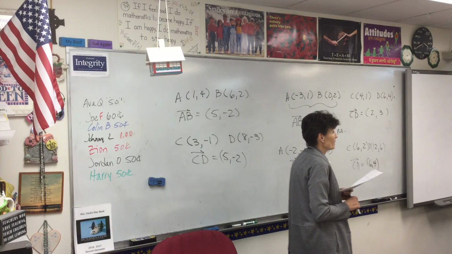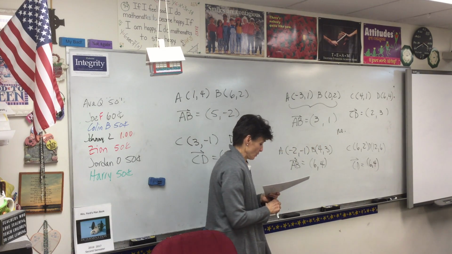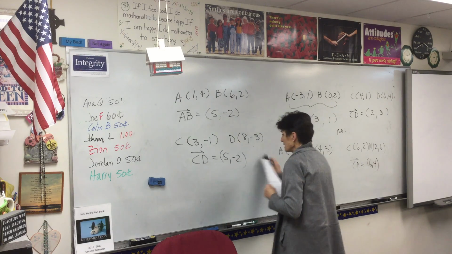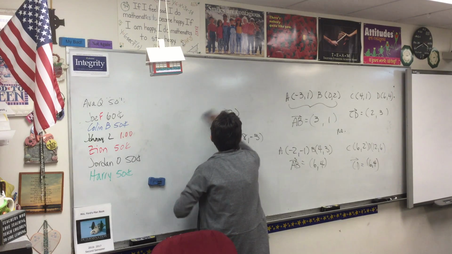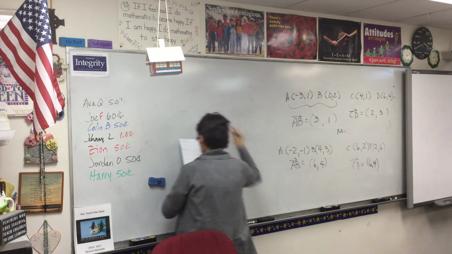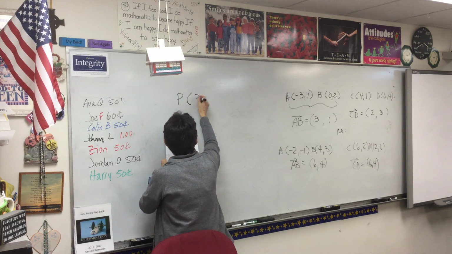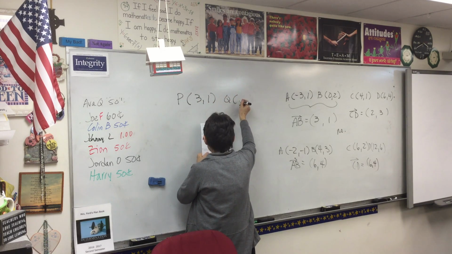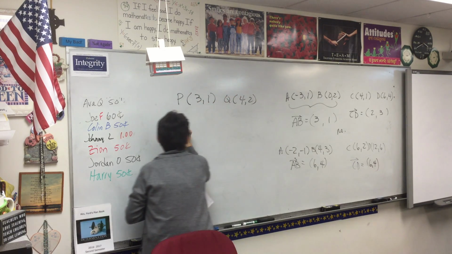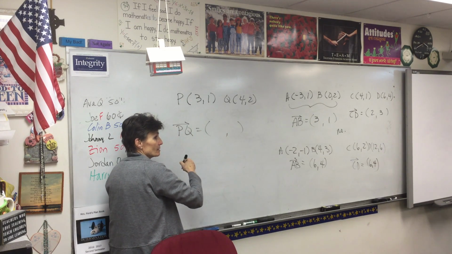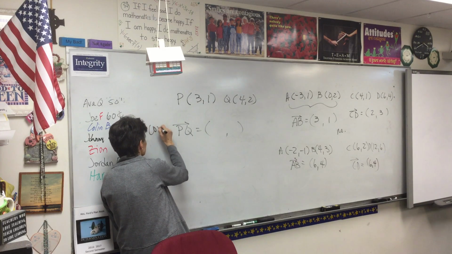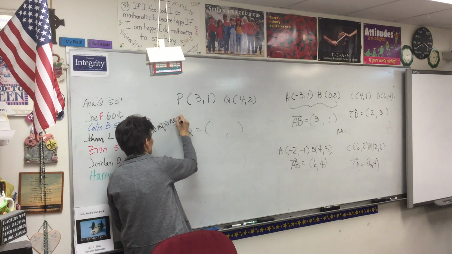Part 3 introduces a new vocabulary word. The first thing it says is, find the components. That is the same as coordinates. So take these 2 points and tell me what PQ is. These are the components. Don't be confused by the word.